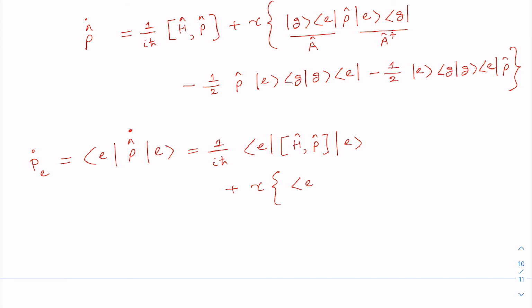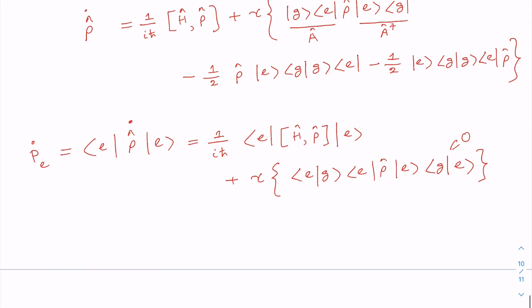So I have here <e|rho|e>, and of course this term is going to be 0 because e and g are orthogonal. Then the other term is minus gamma by 2 <e|rho|e>, and this is identity, normalized, so I am left with e multiplied by e, which is 1.